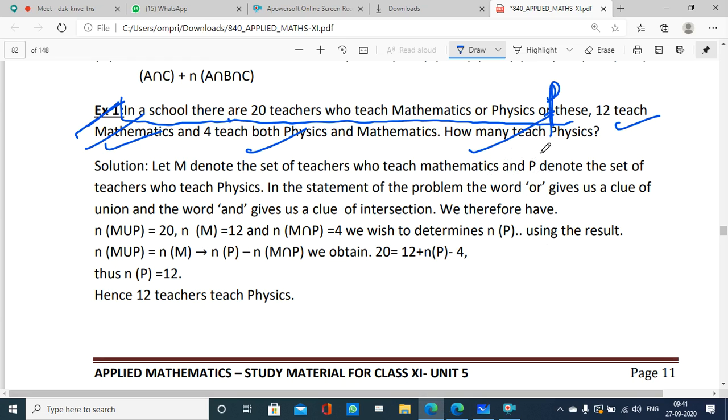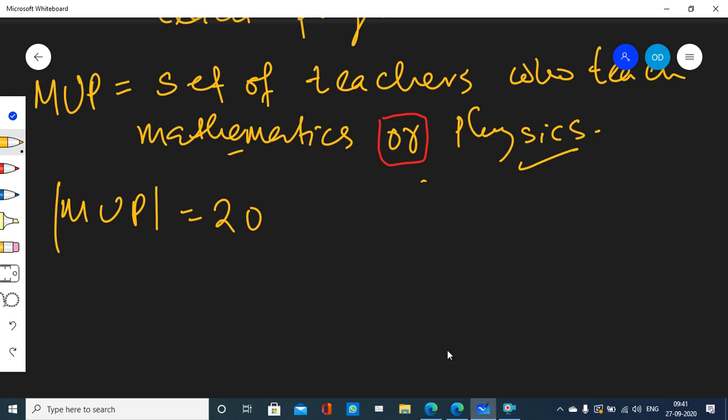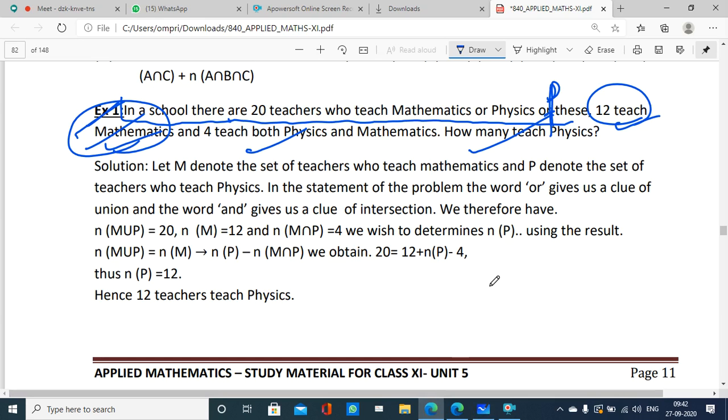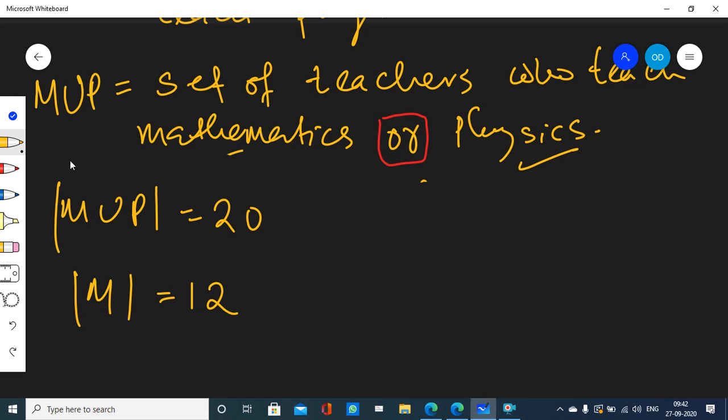Of these, 12 teachers teach mathematics. That means set M, which carries all the mathematics teachers, will carry 12 elements. And 4 teachers teach both mathematics and physics. That means the intersection of set M and set P will have 4 elements.